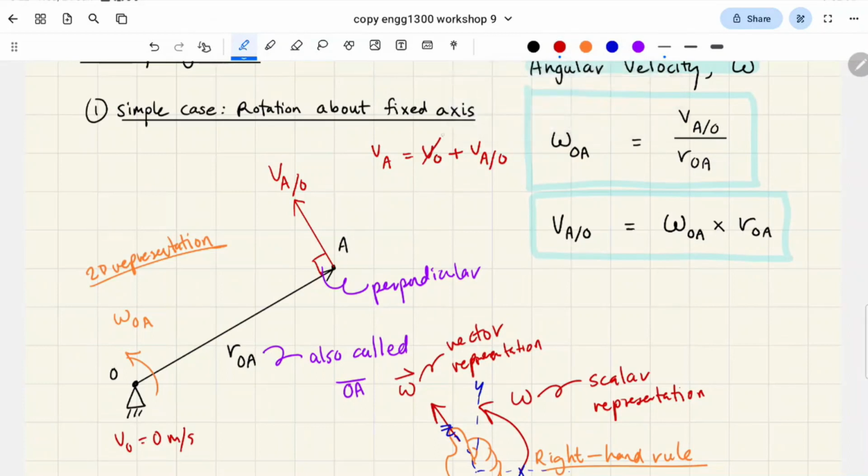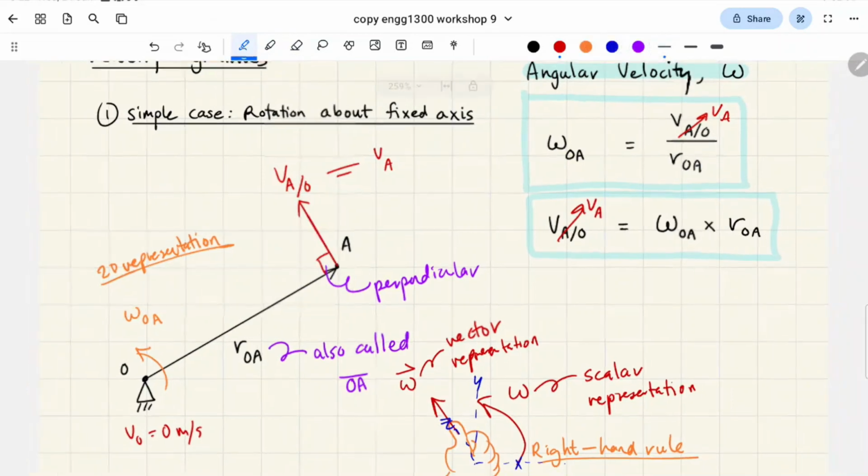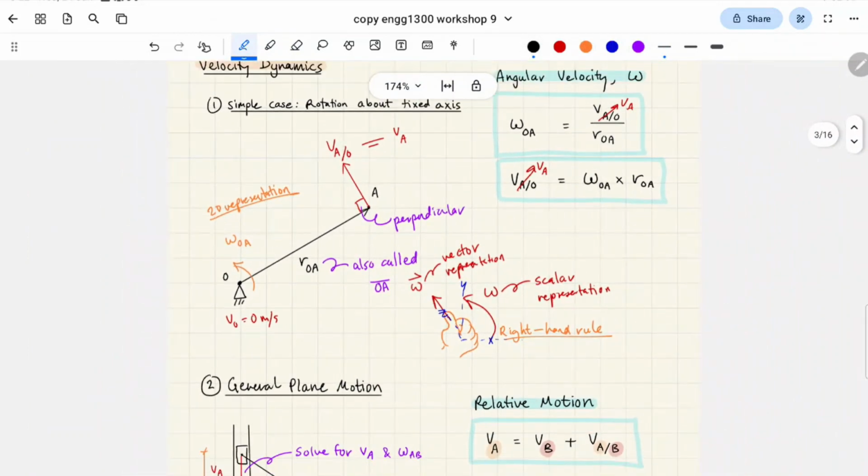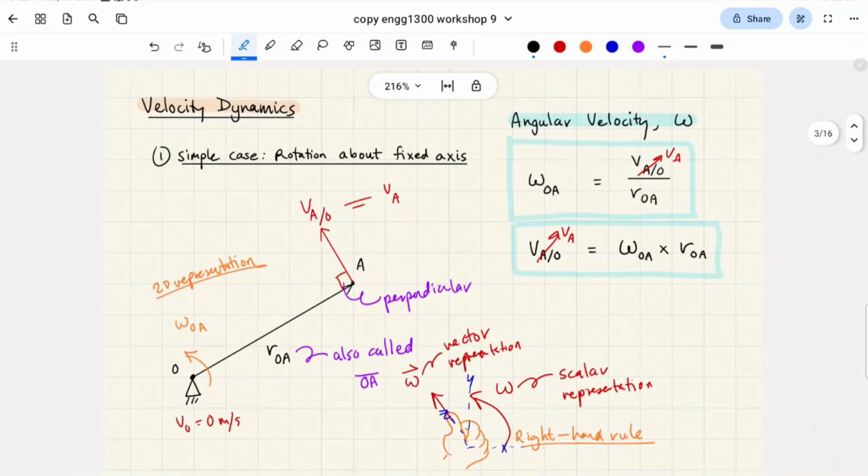O doesn't move, and so basically VAO is VA, right? So that's the additional information that we're going to get from doing this. I realize I'm going a bit slow, so I'm going to speed up a bit. Actually, before we move on, do we have any questions?